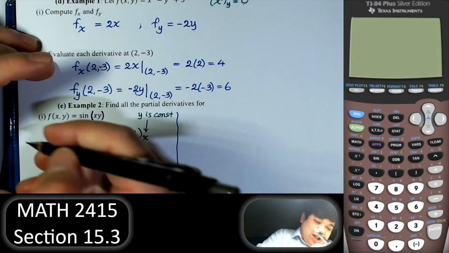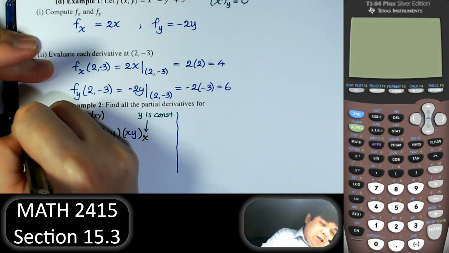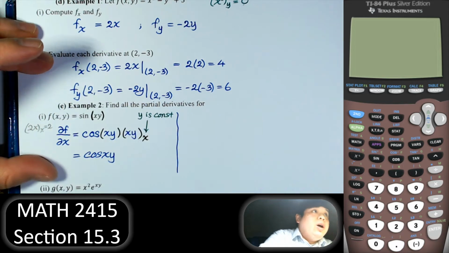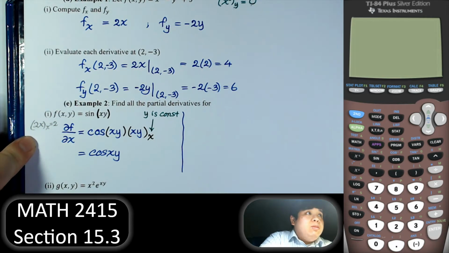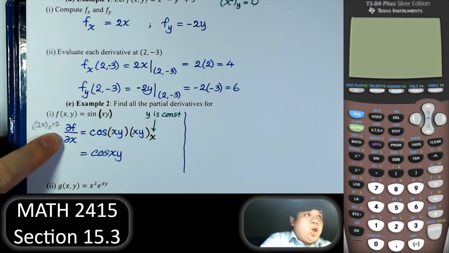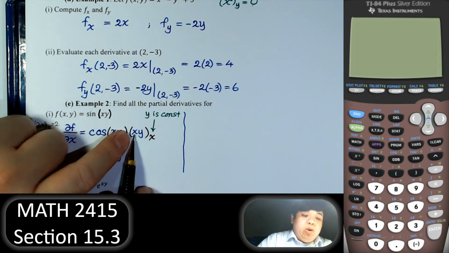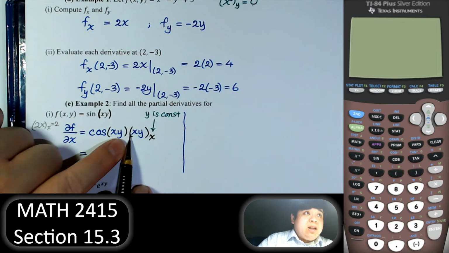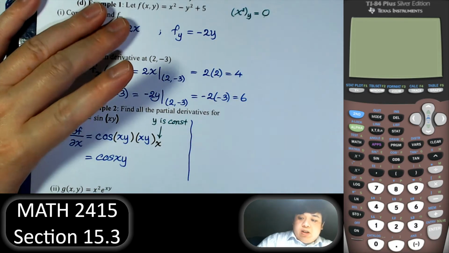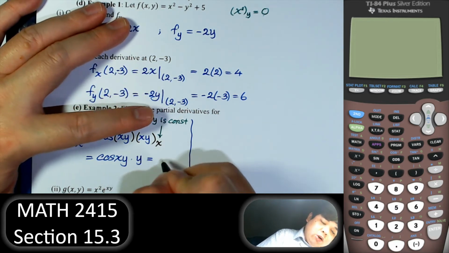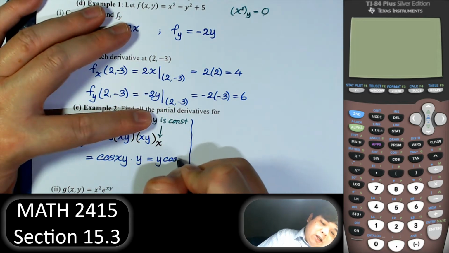The derivative of 2x with respect to x is of course just 2, because 2 is a constant. Same thing here: the derivative of xy when y is a constant will be just y, because the derivative of a constant times x is just that constant. So we're going to have y cosine of xy.